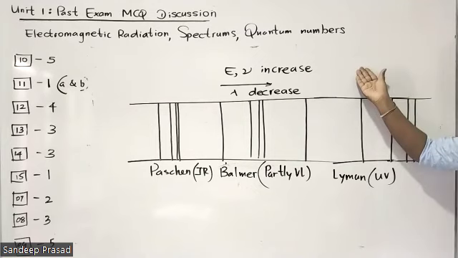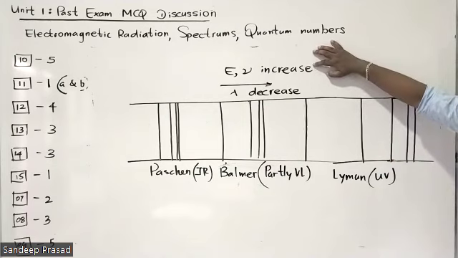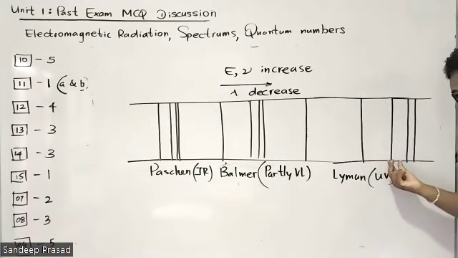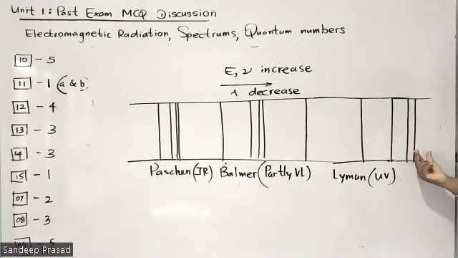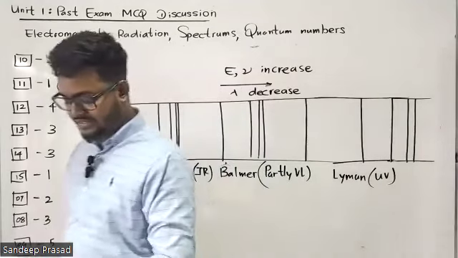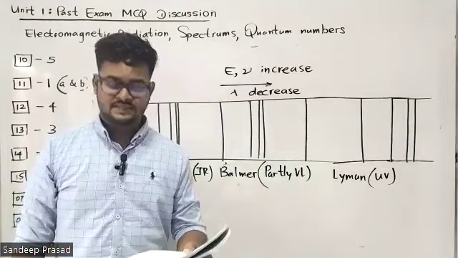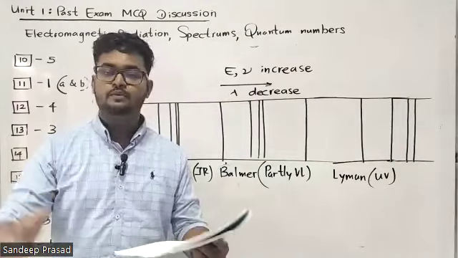Even in the energy level diagram, we can see that. When we go in the direction where energy and frequency increase, the gaps between the lines are decreasing. So that statement is correct.